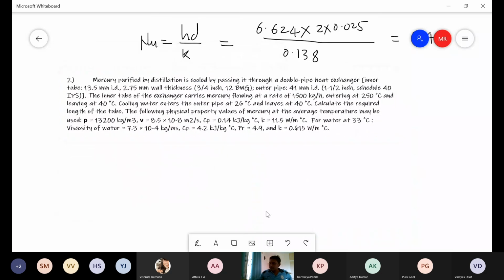In the second problem, what has been given is, I will just go through the statement.